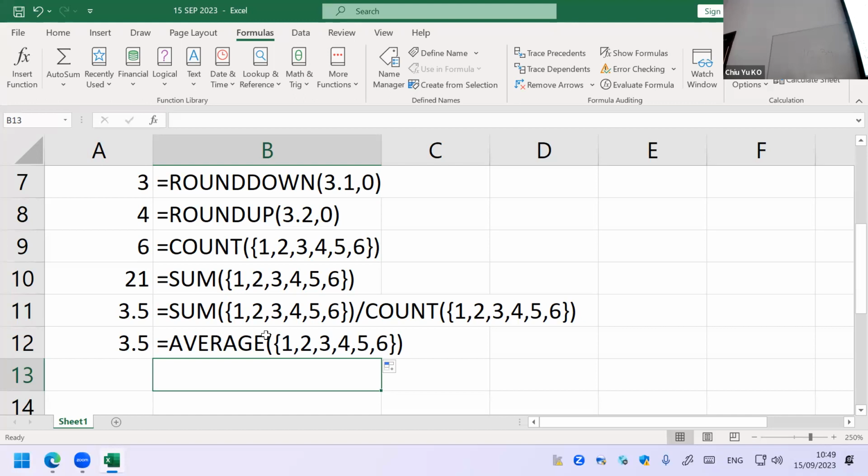Now the next thing I want to talk about is you can see every time we input the data is rather time consuming. It's always a hassle, right? So you want to do several things.